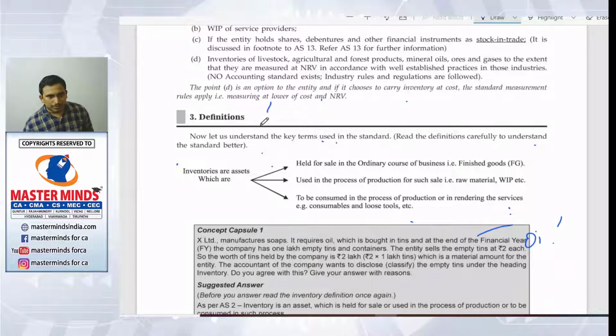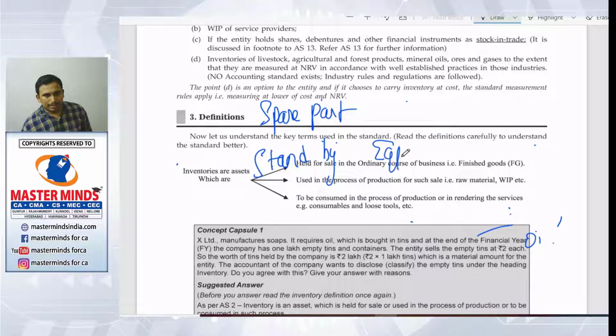What is that, sir? First, spare part. Then next, standby equipment. Now third one, servicing equipment. For all these three, the principle is going to be the same. What is that principle? The principle is very simple.